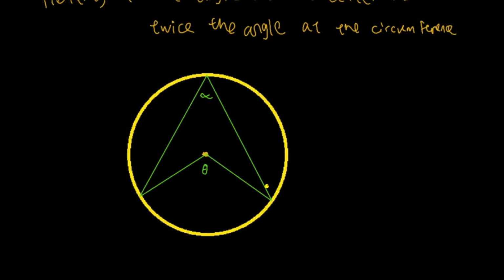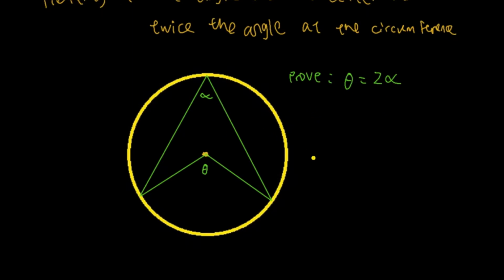This is the angle at the center, and this is the angle at the circumference because that's the circle right here. So what we're trying to prove here is that theta is equal to 2 alpha. That's what we're trying to prove.